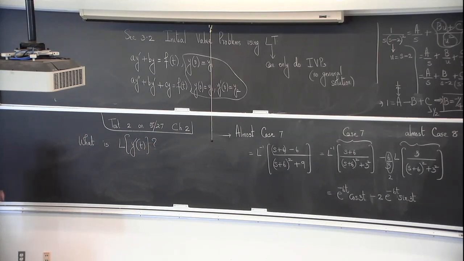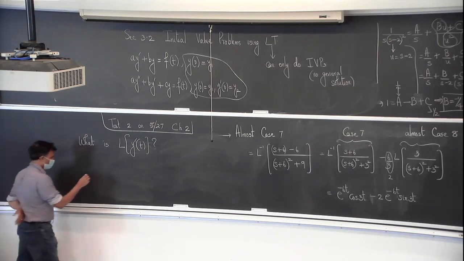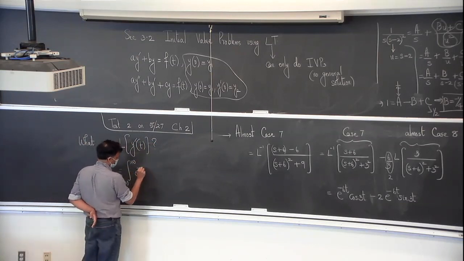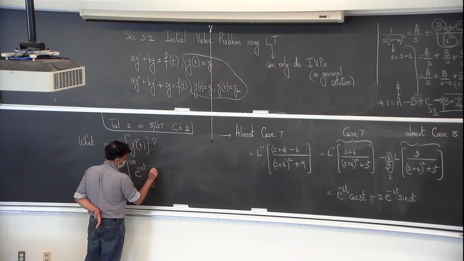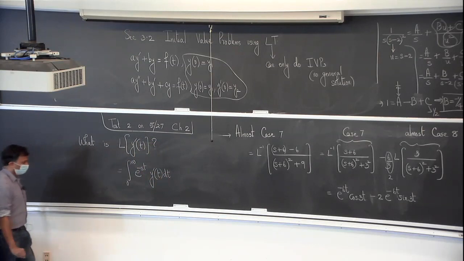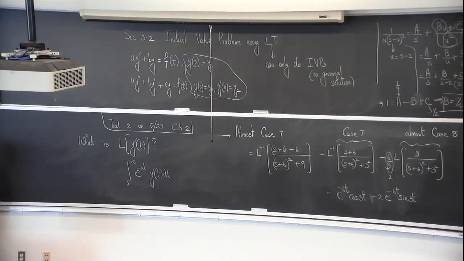Okay. As always, if you don't know something, go back to your definition: 0 to infinity e to the power of negative st times y prime of t dt. Because right now I have no idea what this is. Okay.